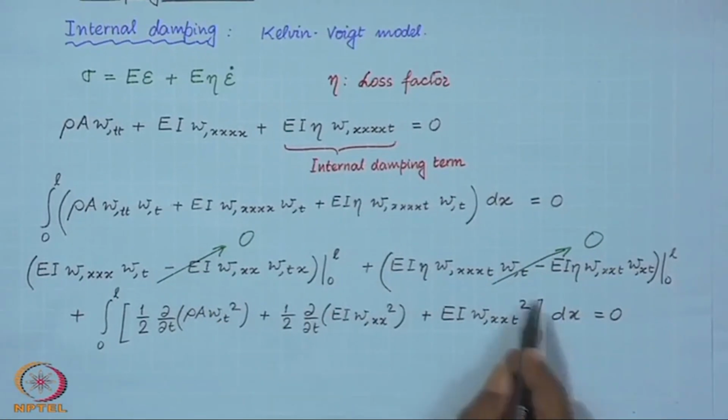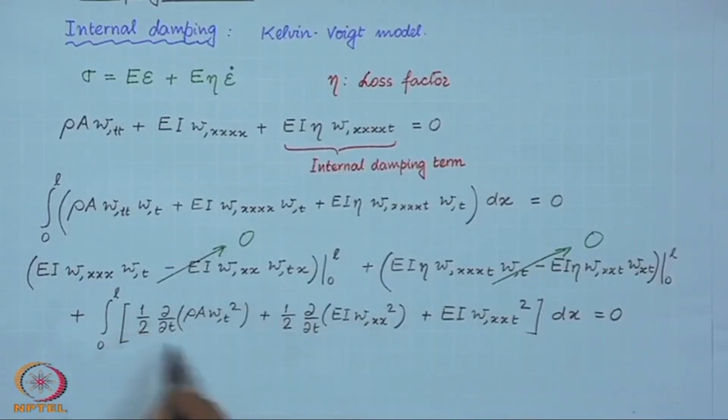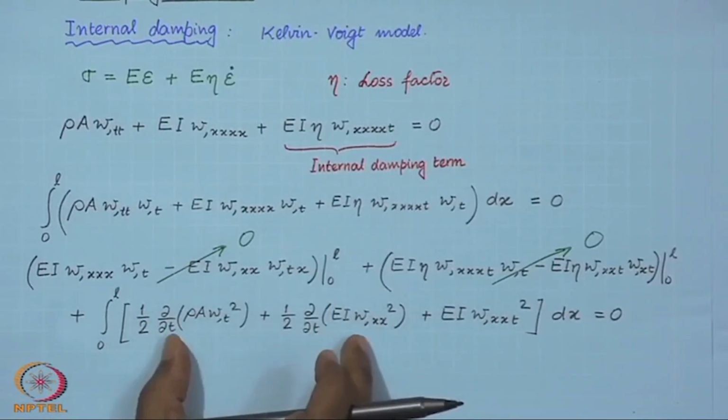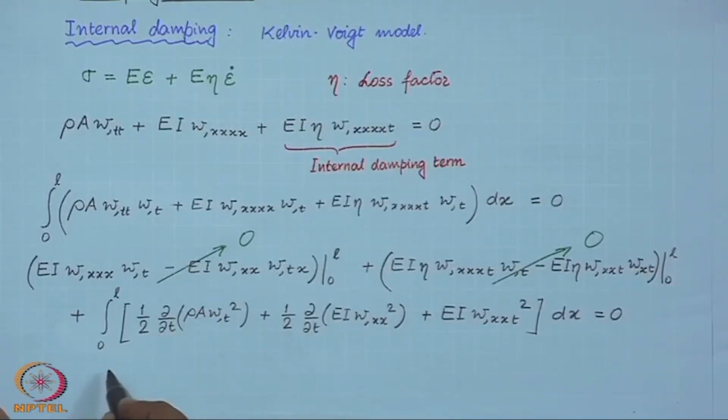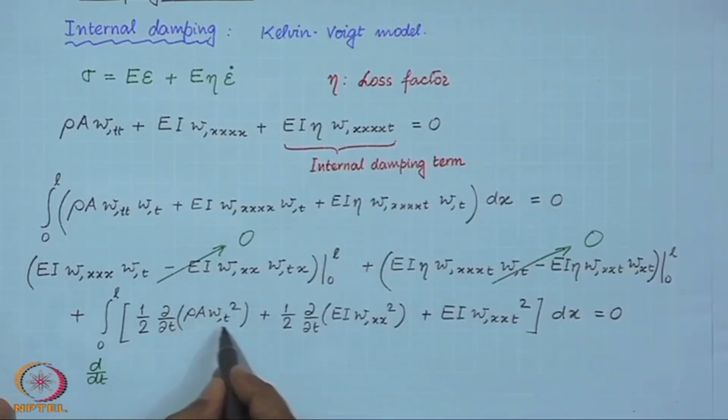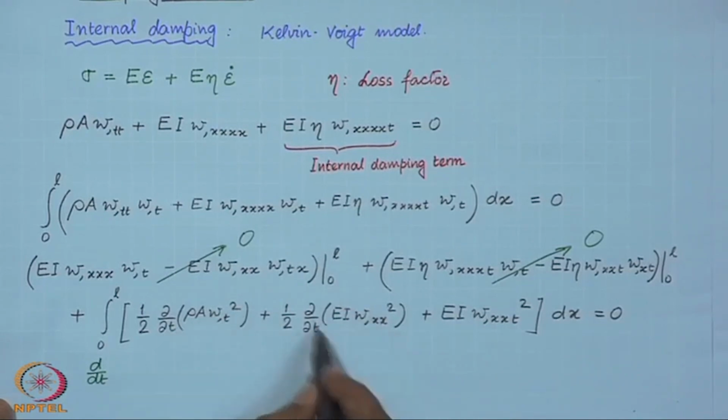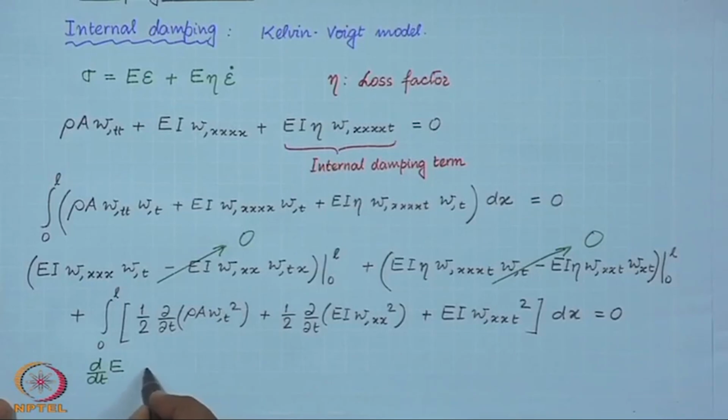So, therefore, we are left with this integral equal to 0. Now, you can easily identify that these two terms are nothing but the rate of change of total energy. Half rho A del W del T whole square is the kinetic energy, this is the potential energy. So, this is the total energy, and this term I am going to take on the other side.